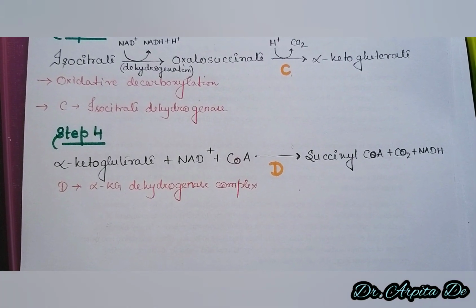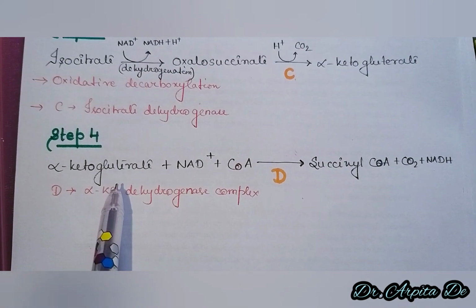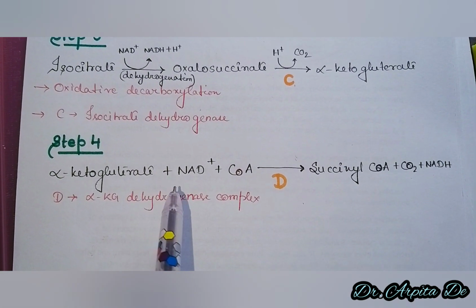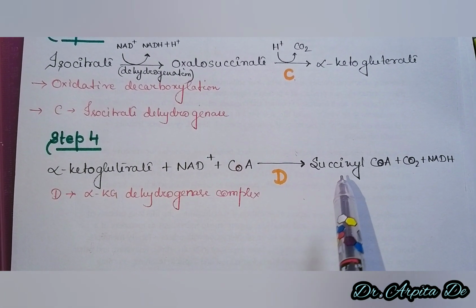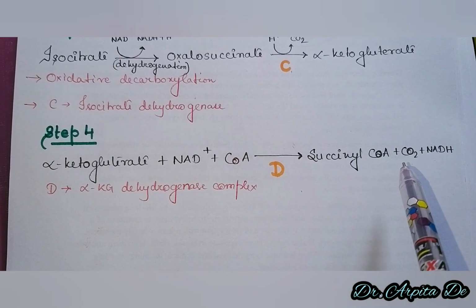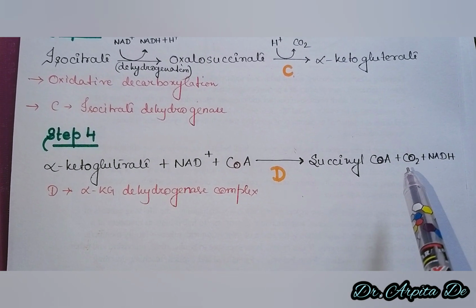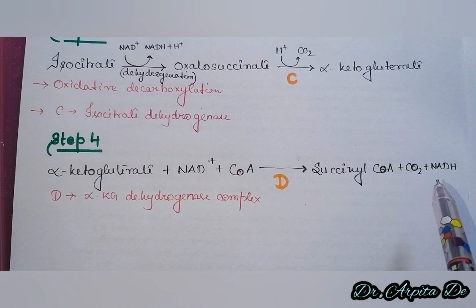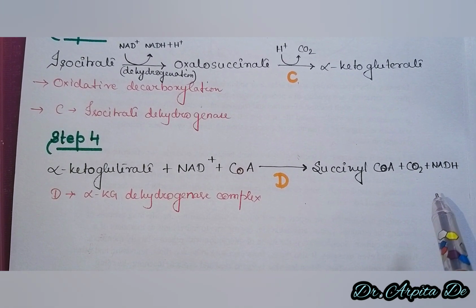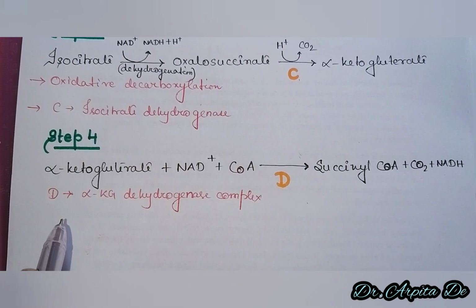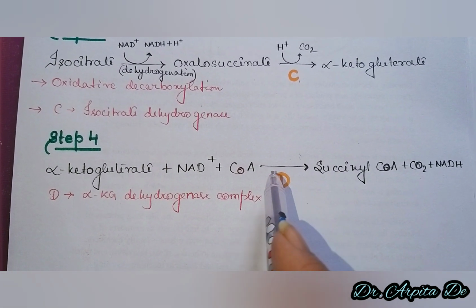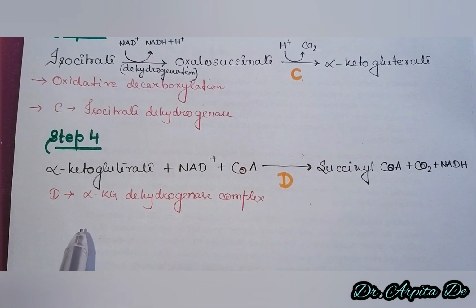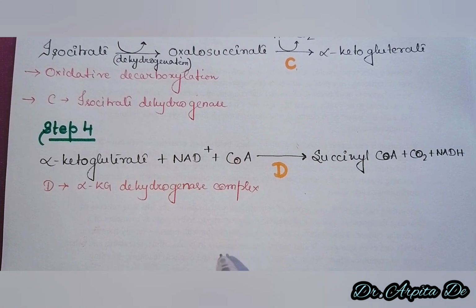Coming to the next step, step number 4. Here you see alpha ketoglutarate is getting converted to succinyl-CoA along with the production of carbon dioxide and NADH, right? The enzyme which mediates this reaction is alpha ketoglutarate dehydrogenase.